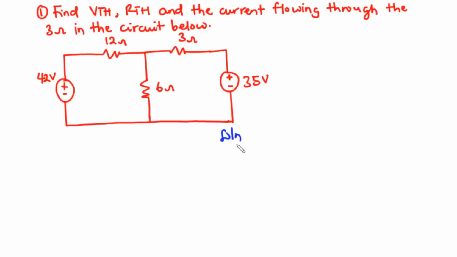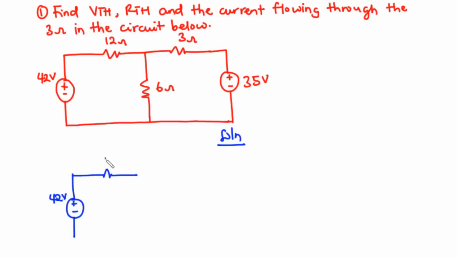To solve this circuit using Thevenin's theorem, the first thing we need to do is remove the resistor through which we have to find the current flowing, and then mark the terminals and find VTH. Let's do that together. So we have the voltage source, that is 42 volt.